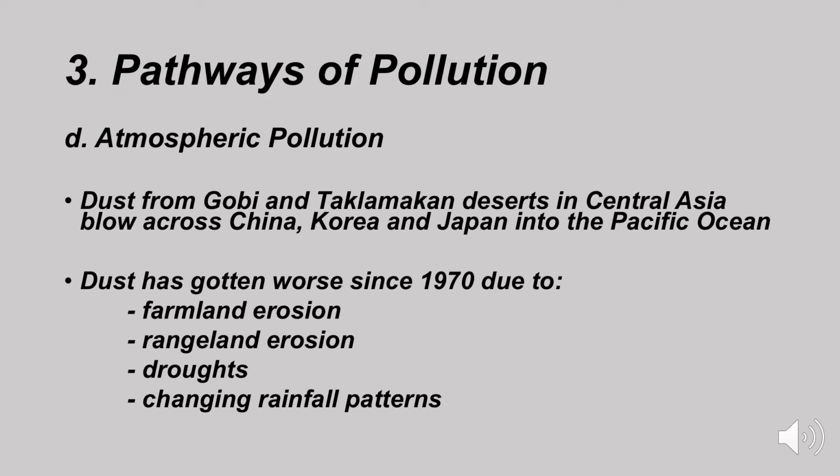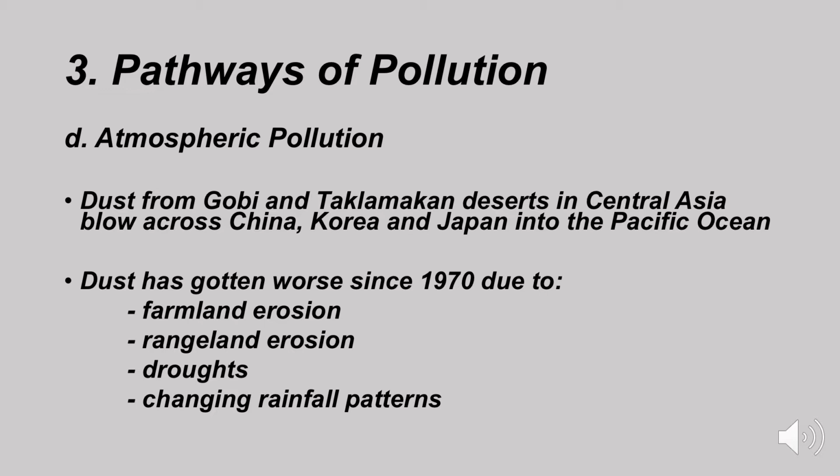Scientists have shown that dust from the Gobi and Taklamakan deserts in Central Asia blow across China, Korea, and Japan into the Pacific Ocean, putting massive amounts of sediment in the ocean. We know that dust storms have gotten worse on this planet since 1970. They've gotten worse because there's more farmland erosion, simply because there's more farmland.